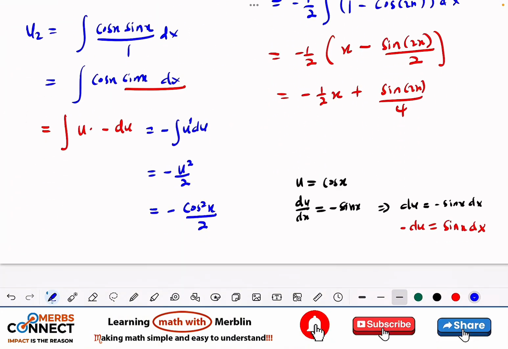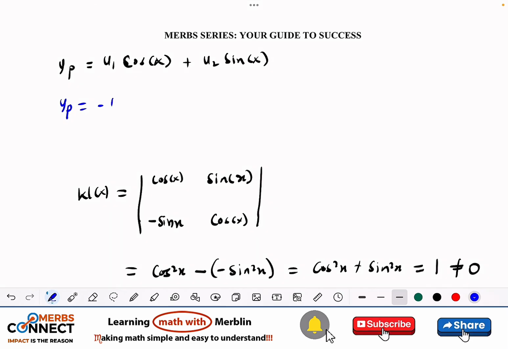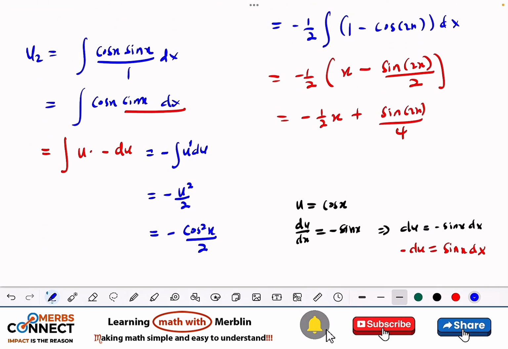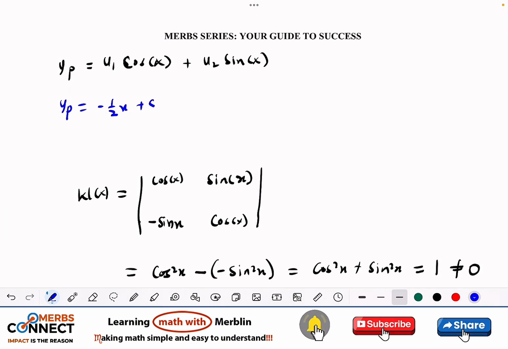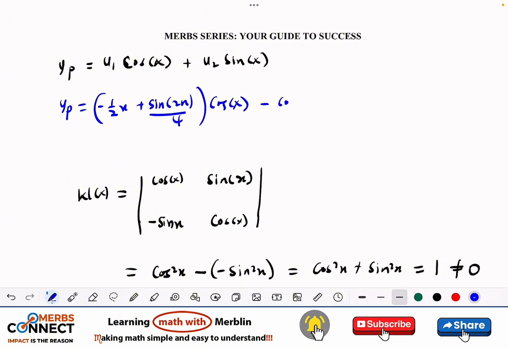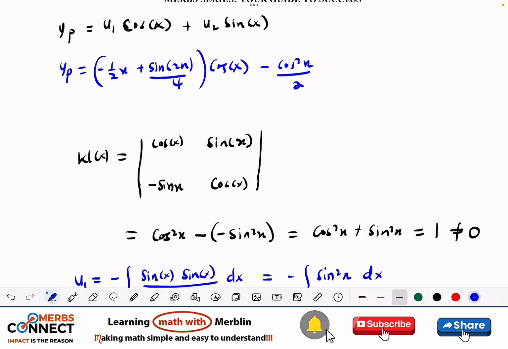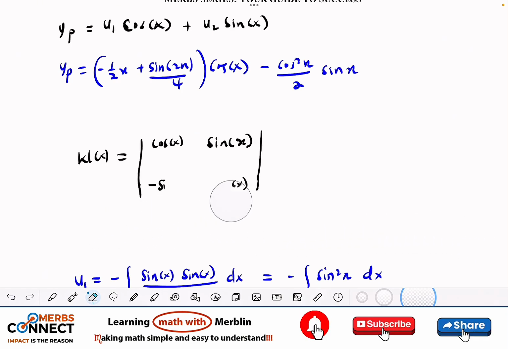What is u1? u1 is minus half x plus sine 2x divided by 4, all times cos x plus, or minus, cos squared x divided by 2 sine x. So this will be the particular solution.